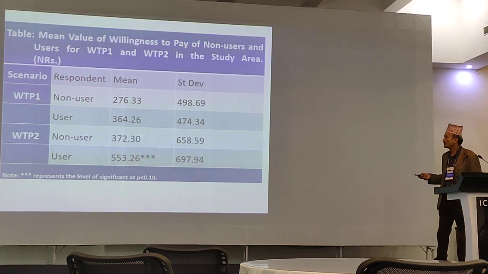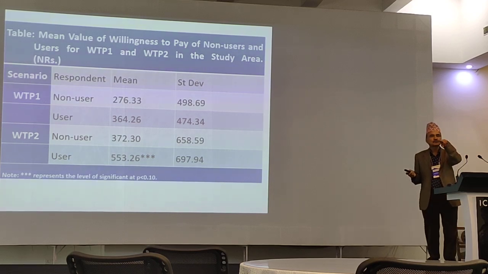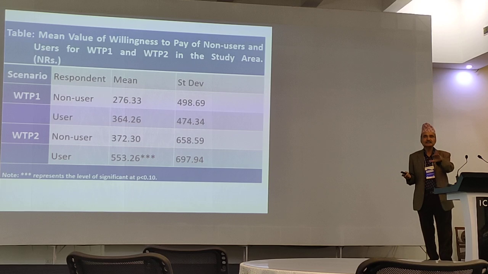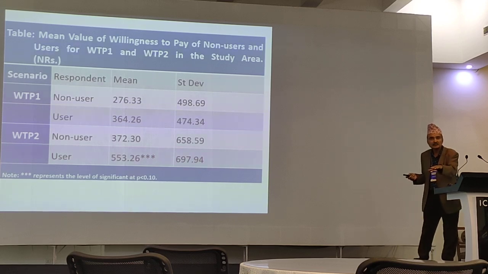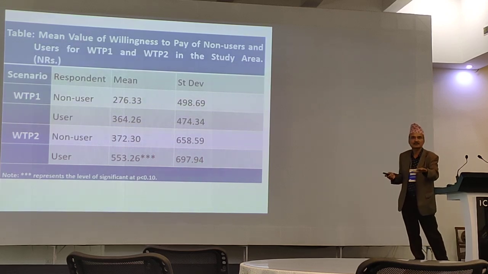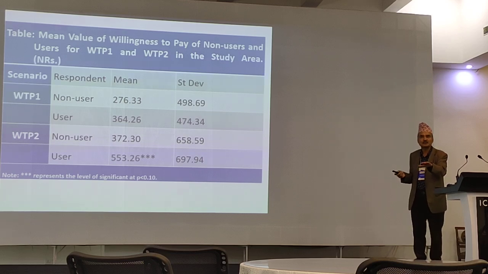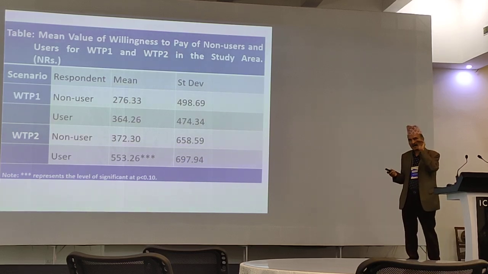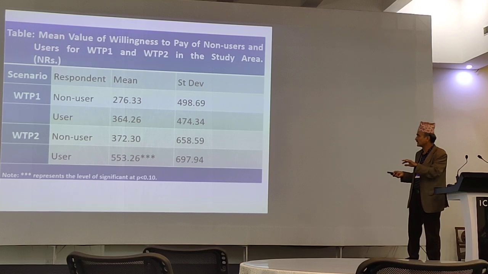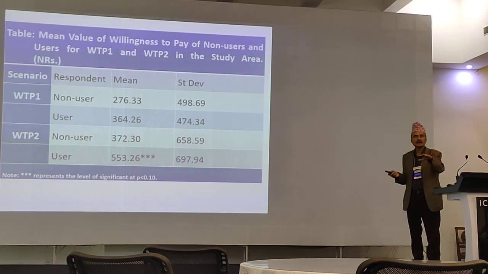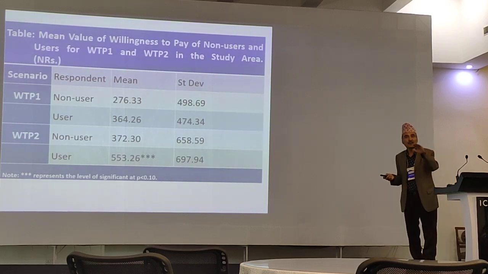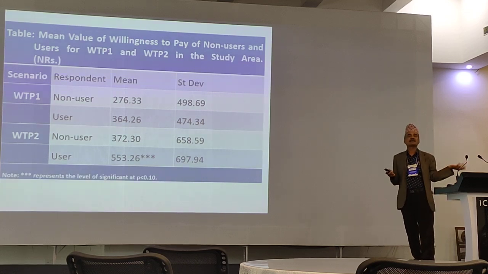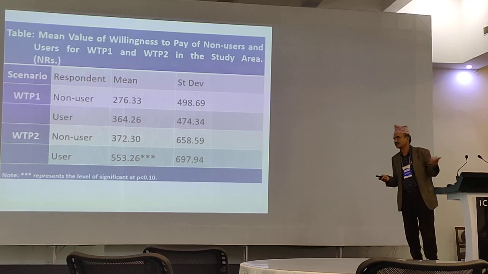I used willingness to pay, and I divided it into two portions. One is the existing situation: how much you can pay. In the second situation: how much you will pay when you get a better condition.